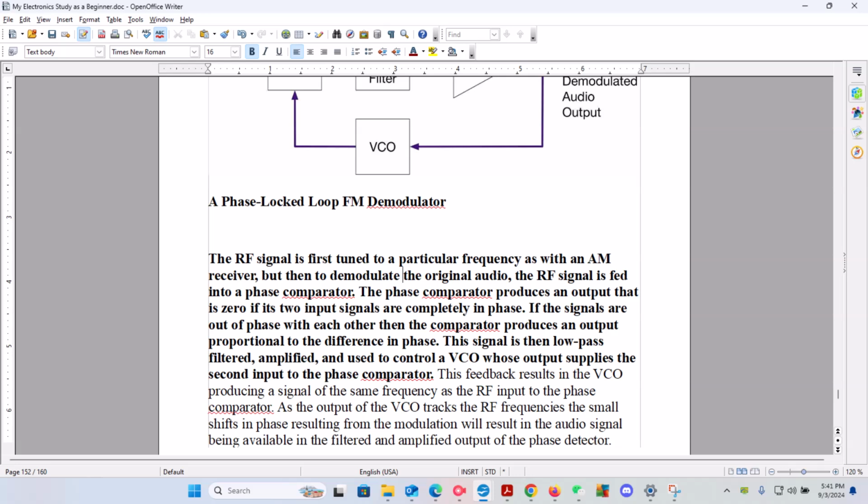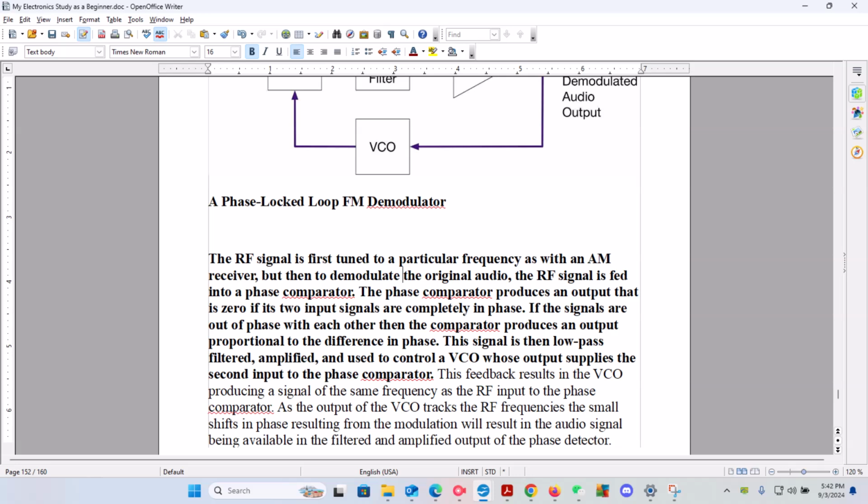Now, the phase comparator produces an output that indicates whether its two input signals are completely in phase. That is, when you compare the two voltages, if they're the same, it's in phase.